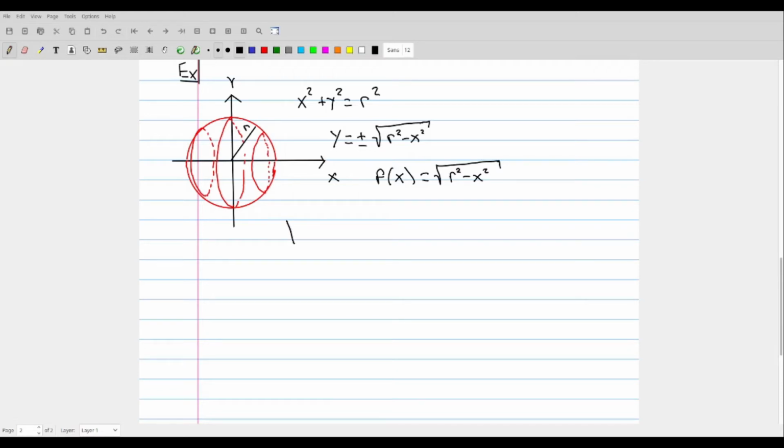So our formula for the volume of this surface of revolution is going to be the integral from a to b. In this case, a is right here, so it's negative r, the left side of the circle, and b is positive r, the right side of the circle.